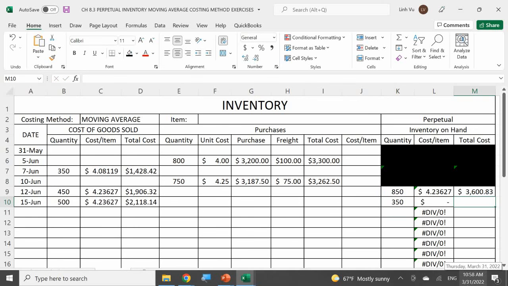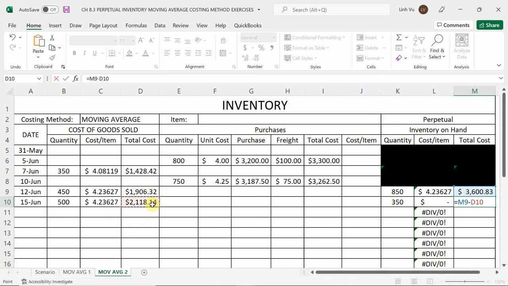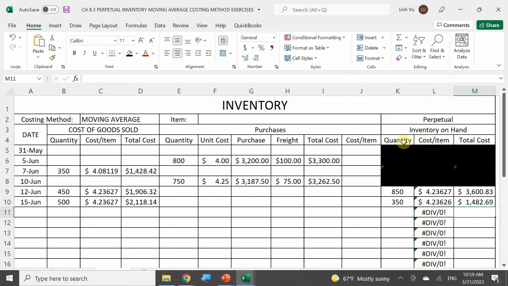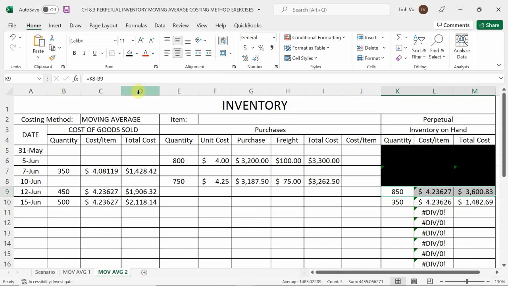I started out with 3,600.83 and I just sold 2,118.14, so I should have a new total cost of 1482.69. Okay. Right, so let's keep on going.